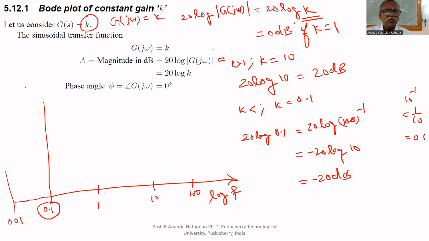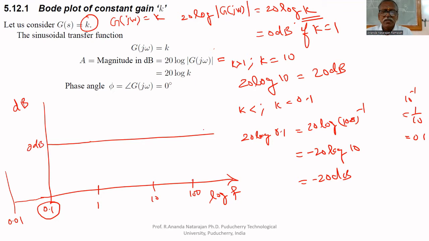Here, y-axis is in dB, x-axis is log f. Log f we mark on a semilog sheet; you have to buy a semilog sheet. Here, for k equal to 1, you will get 0 dB.